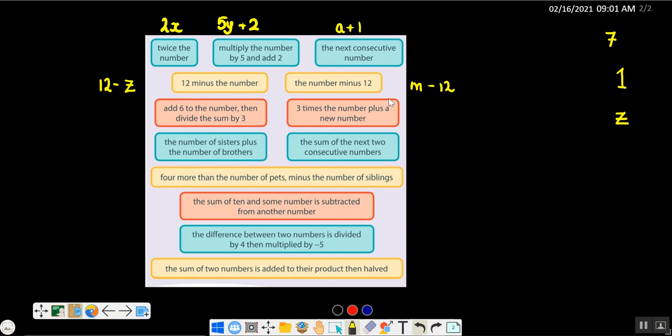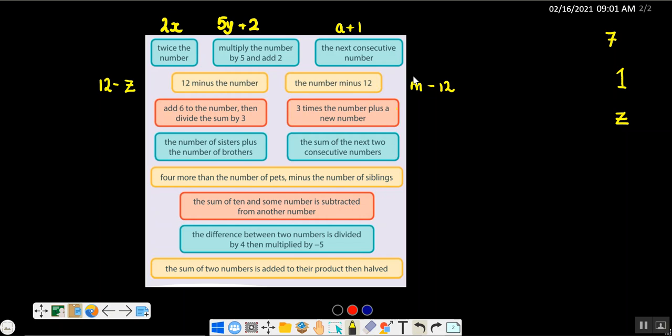They're not confusing you, they're checking your understanding of what comes first. These two are not the same thing, are they? No. It's got to be very important that when you write these that you subtract the correct one. So 12 minus the number, or the number minus 12, are different.